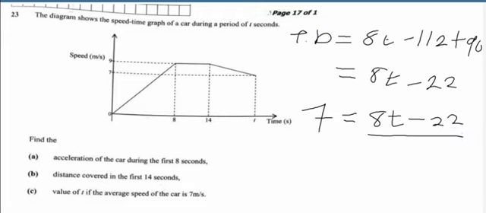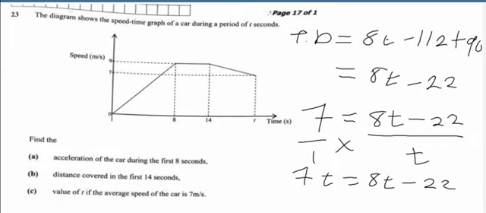The total time taken from 0 up to t is just t. So we need to divide by t. Then we cross multiply. So t multiplied by 7, we are going to get 7t, is equal to 8t minus 22.